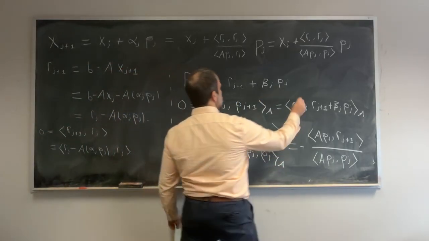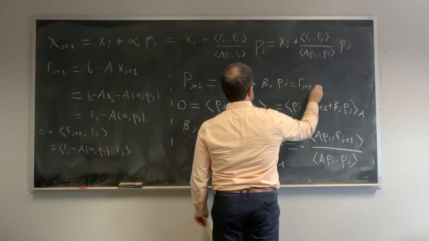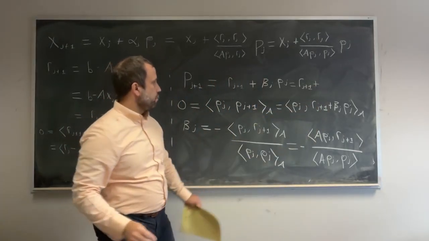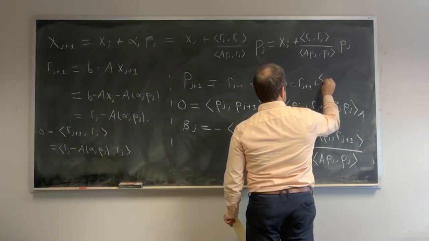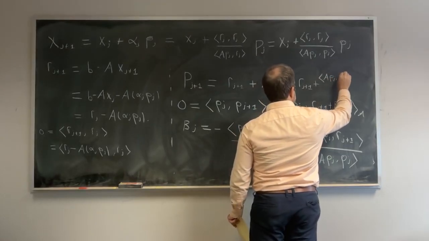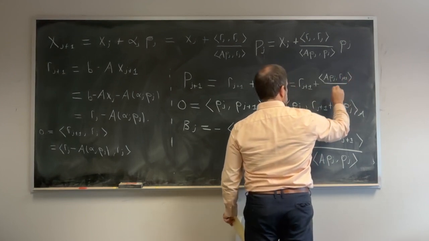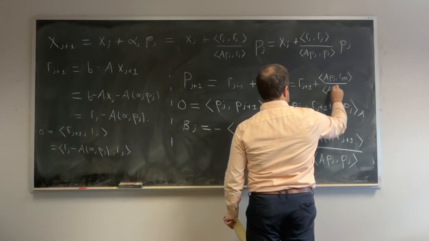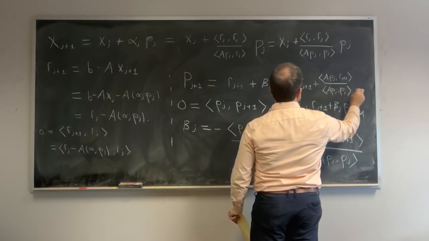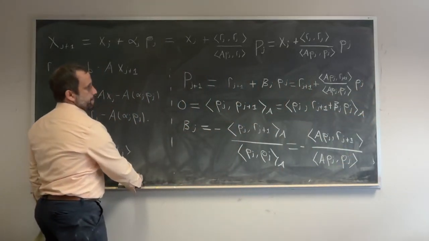So now I can write this as r_{j+1} plus beta_j, which is given by this formula here, A p_j, r_{j+1} over A p_j, p_j, and then p_j.